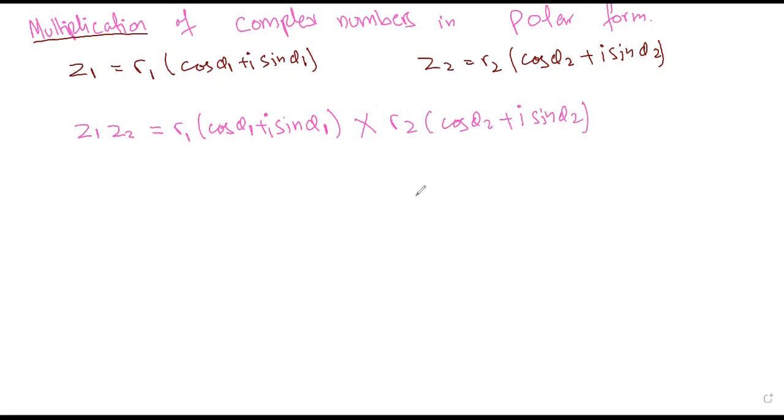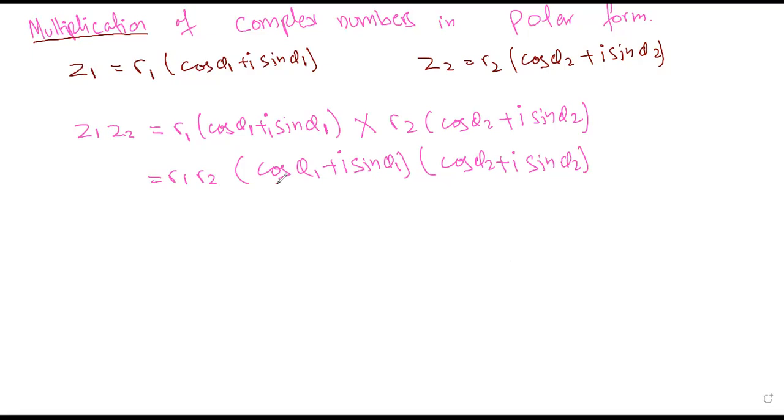This should be the solution. Okay, now let's do it. So we can write R1 and R2 together, and we can write these brackets together just so things make more sense. Cos theta 2 plus iota sine theta 2. Okay, now simply I need to just open up the brackets.